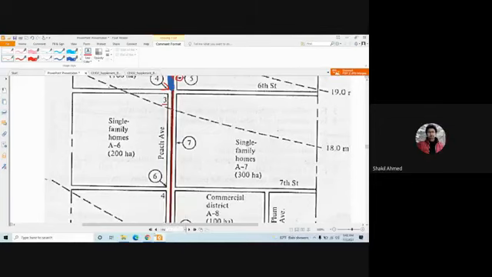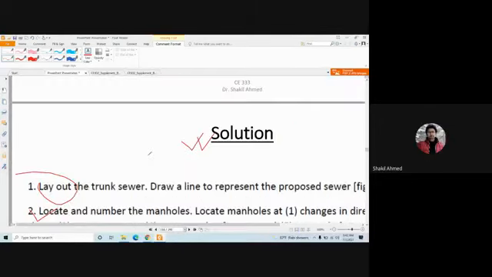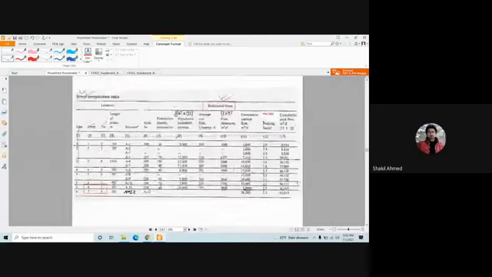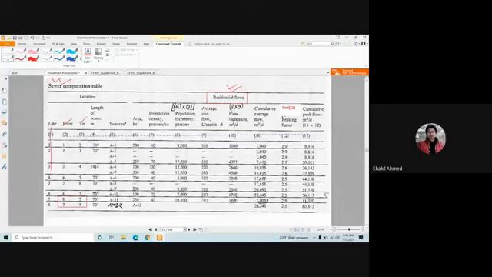So look at this: 1 to 2, A1. From 2 to 3, A2, A3, A5. And then so on. Length of sewer 1 to 2. What is the length of sewer of this pipe?